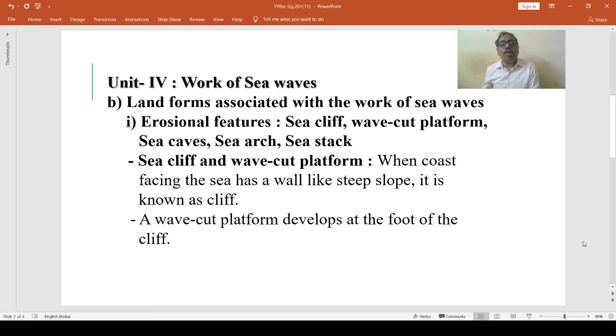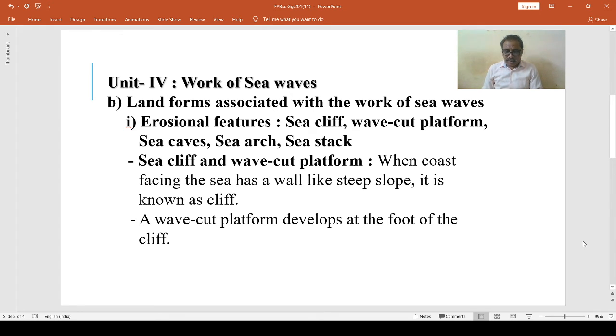A wave cut platform develops at the foot of the cliff. The flat surface in front of cliffs is called a wave cut platform. The wave cut platform becomes wider and finally cliff action almost disappears and wave action ceases.